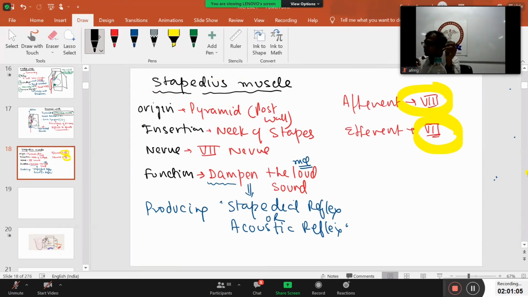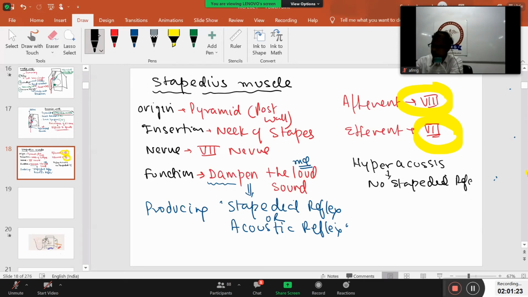If there is no dampening, no reflex, what is this condition called? That condition is called hyperacusis. In hyperacusis, there is no stapedial reflex.